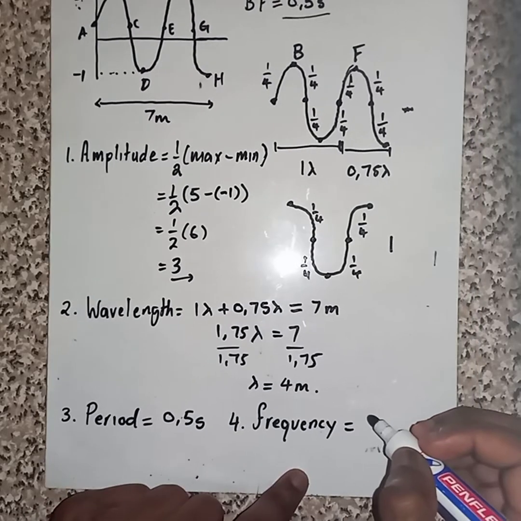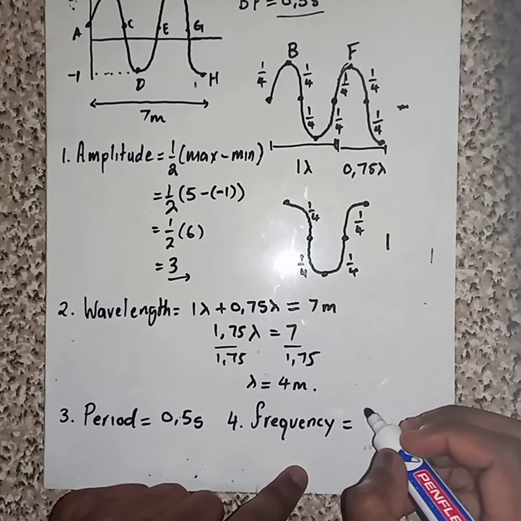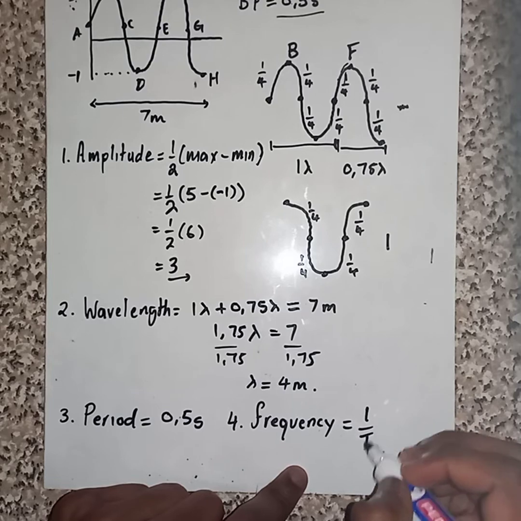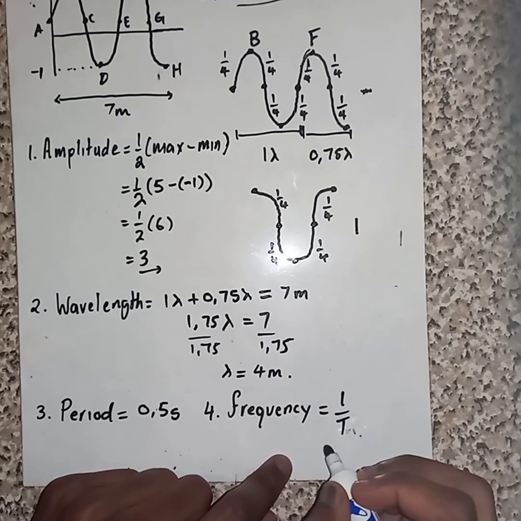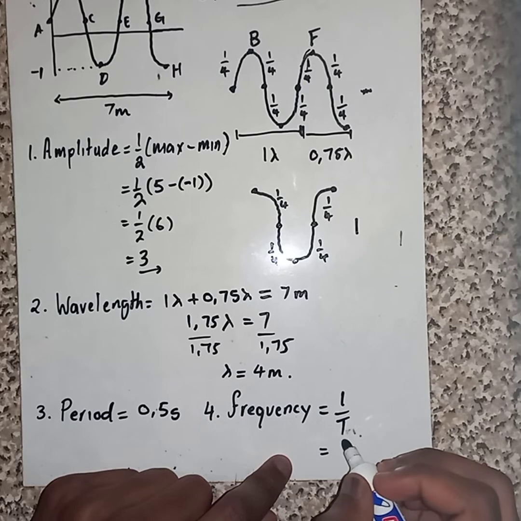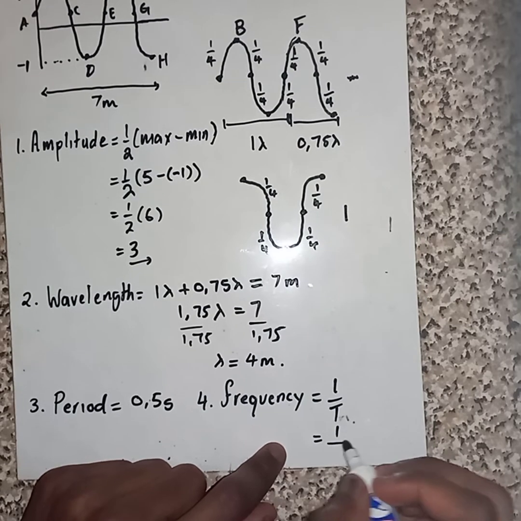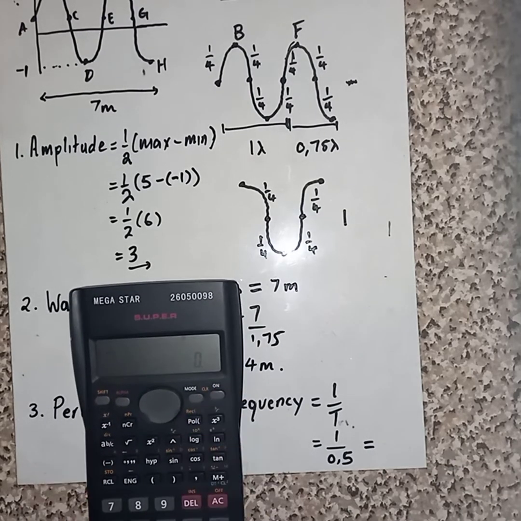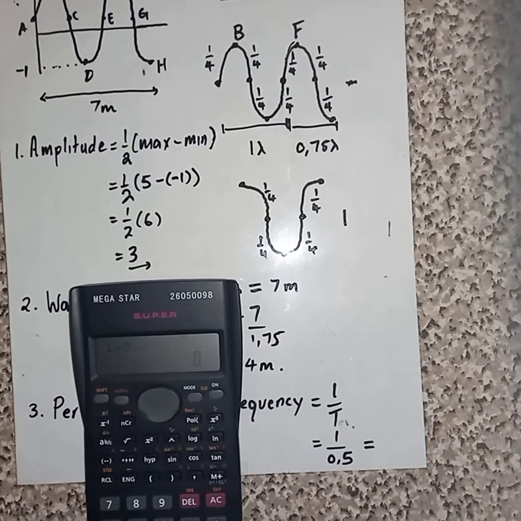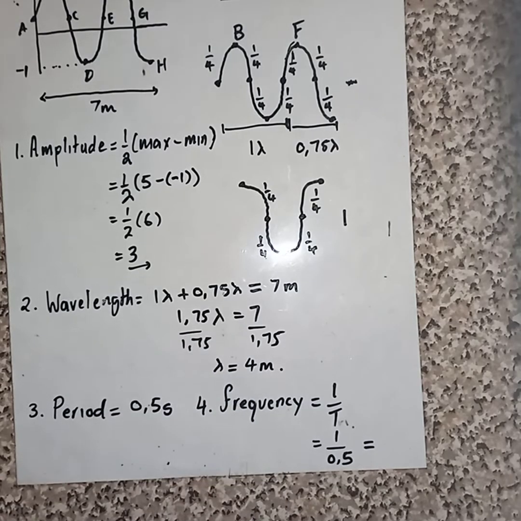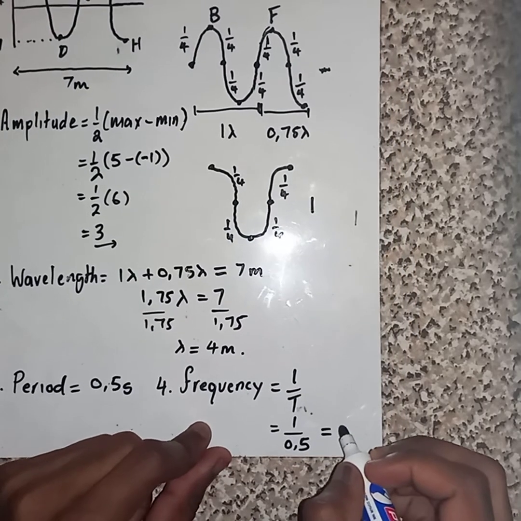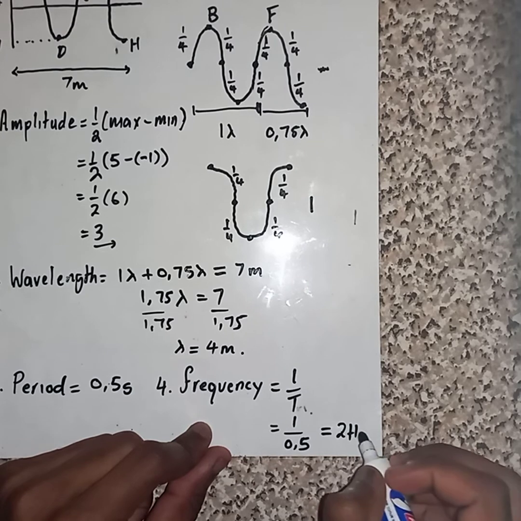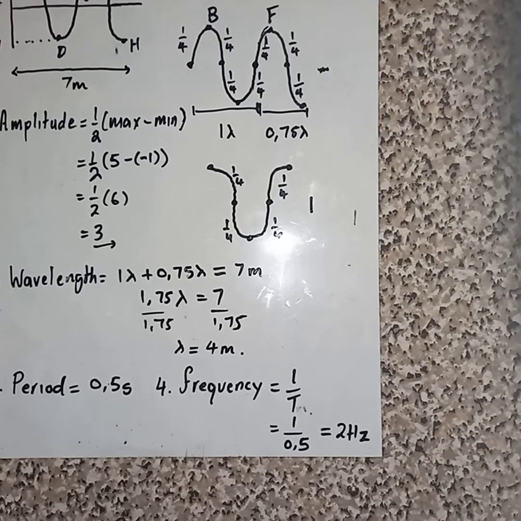Frequency is given by 1 over T, which is going to be 1 divided by 0.5. Take your calculator. 1 divided by 0.5, we get 2. 2 is your final answer. Then hertz. That one.